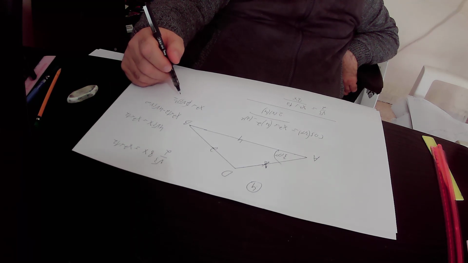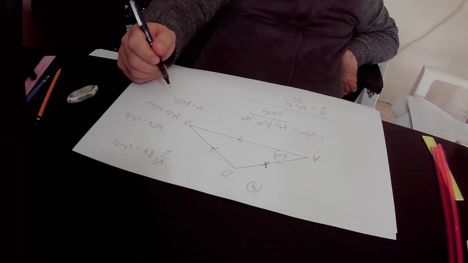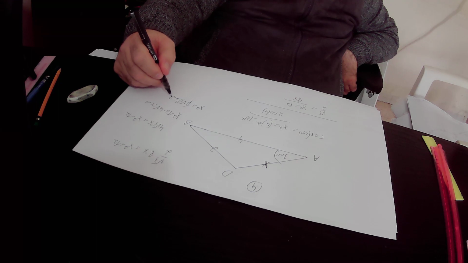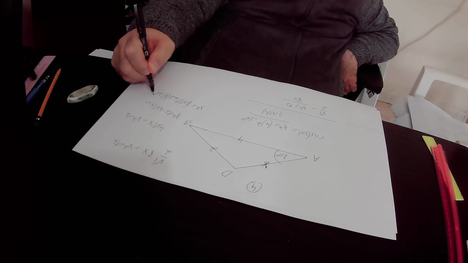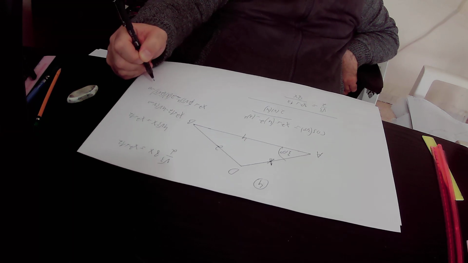So we get x squared plus 2 times square root of 3 squared, that is 12, minus 2 times x times 2 times square root of 3 equals 0.